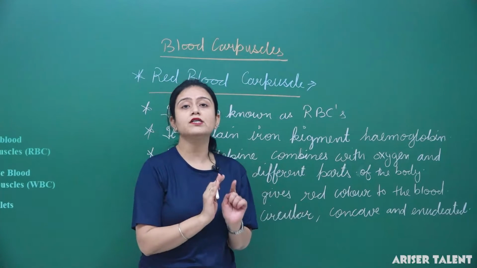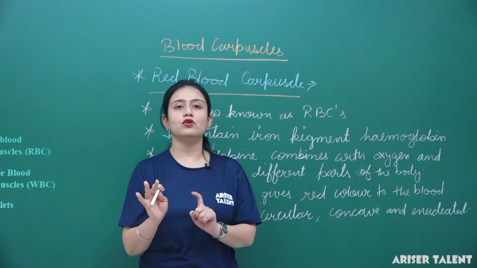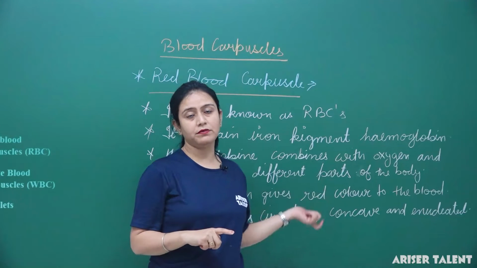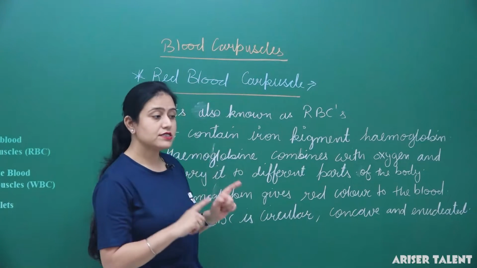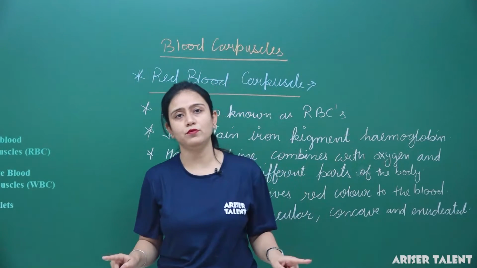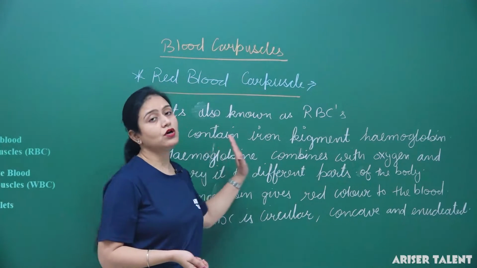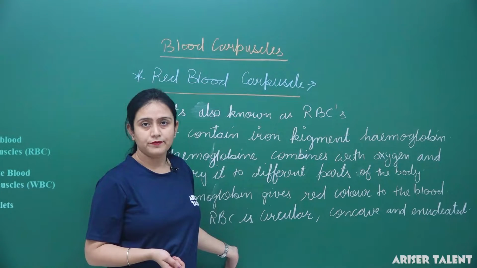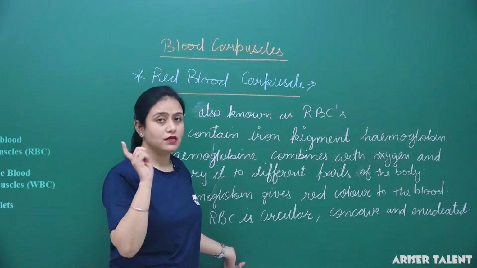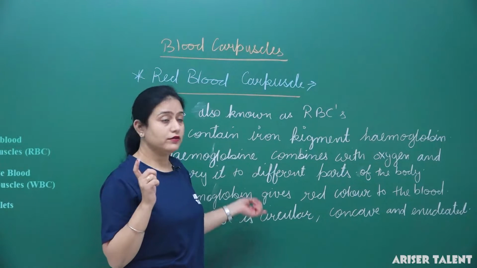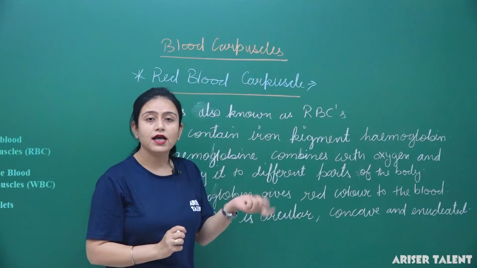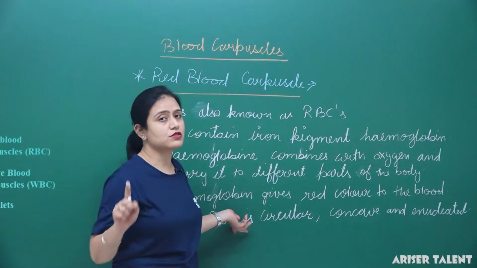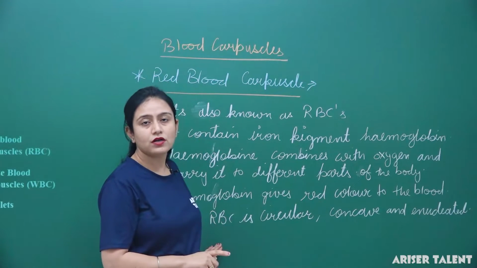Hemoglobin combines with oxygen and forms oxyhemoglobin, which is carried by the blood to all parts of the body, and thus it supplies oxygen to the different parts of the body. So this is the function of RBC.